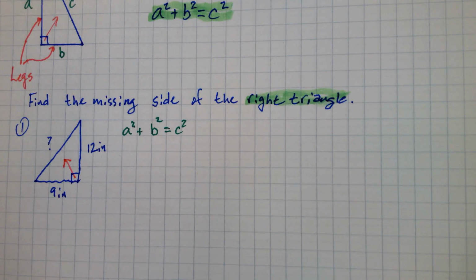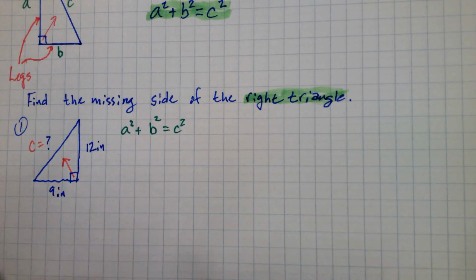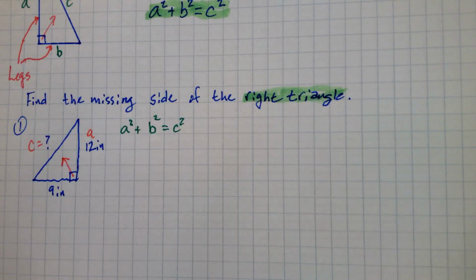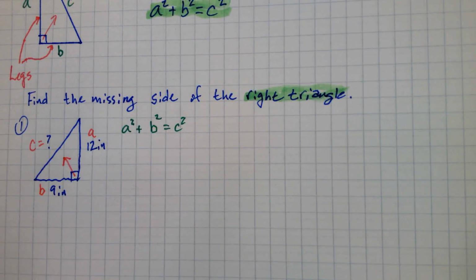C, I have to know because that one has to be a specific one. So C is the one we don't know. So you can call one of them A. I'll call A the one that's 12 and B the one that's 9. Those are both legs. And let's plug in our numbers for the ones we do know.